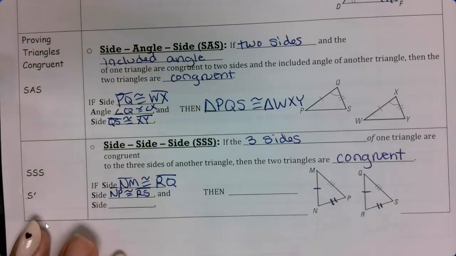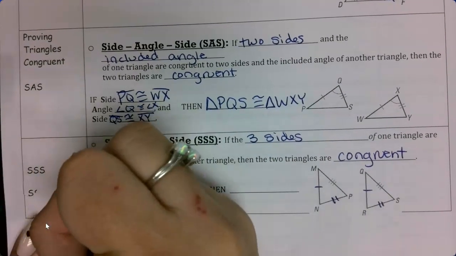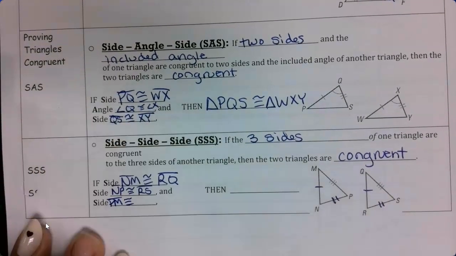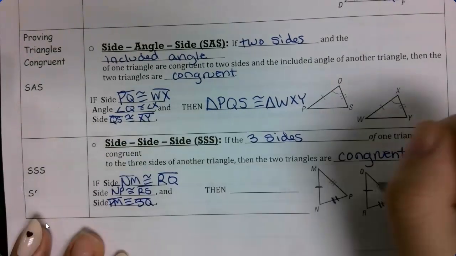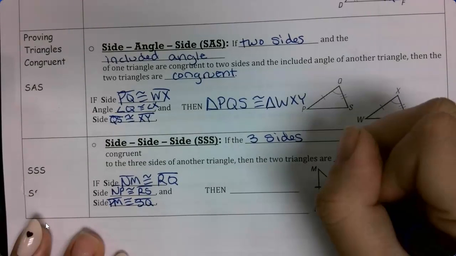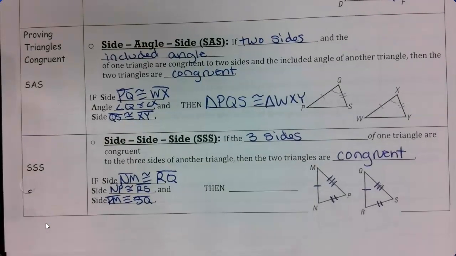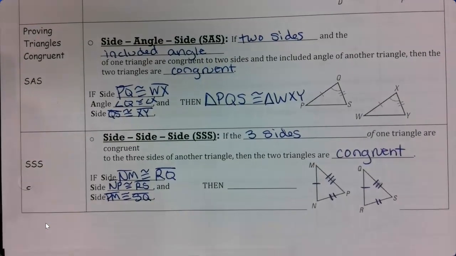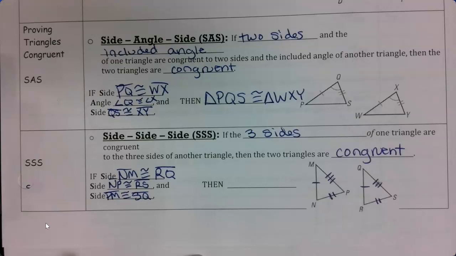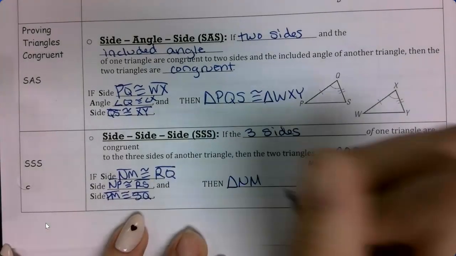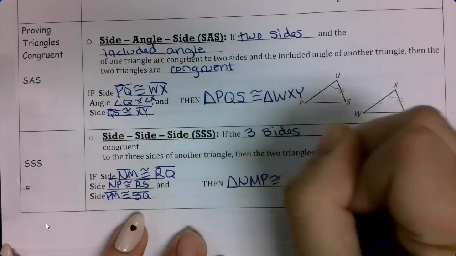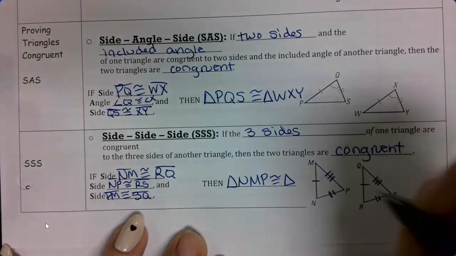And then my last side is PM and SQ because those have the three tick marks. Then I just want to name my triangles in the same order. So I have NMP is congruent to triangle RQS.